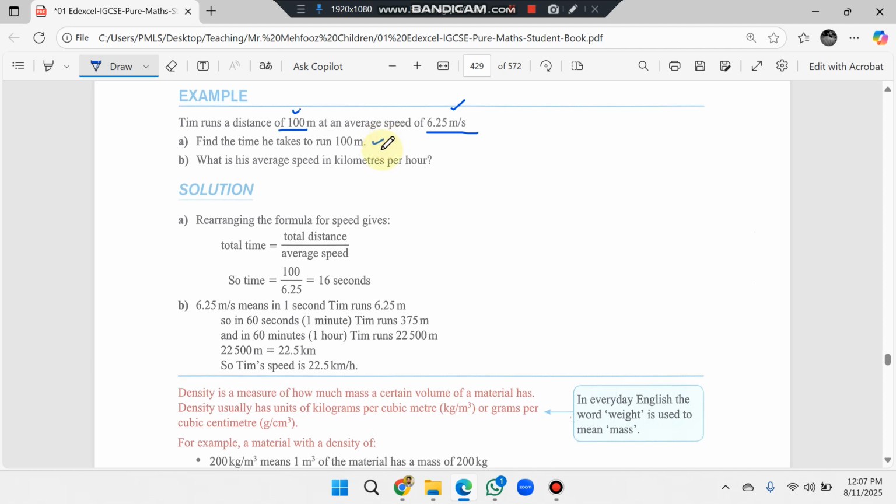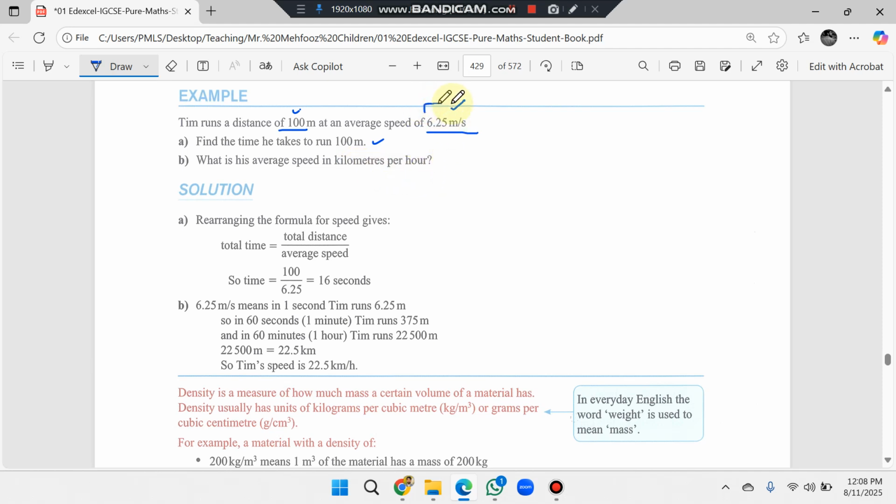So we have to find the time now. In the previous example, we were given time and distance. We had to find the average speed. But in this example, we have distance and average speed, so we have to use the same formula for finding time, right? And in part B, what is the average speed in kilometers per hour?